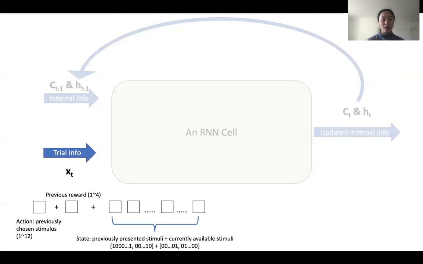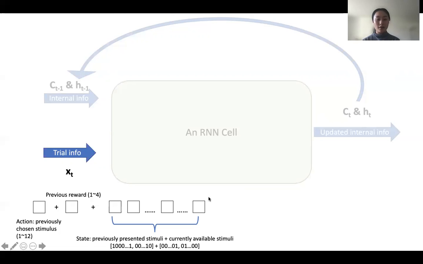And here by action, we mean the previously chosen stimulus. And it also has to learn what the last reward was. The reward we recoded into integers, 1 to 4, which represent a reward in a gain trial, a reward in a loss trial, a loss in a gain trial, and a loss in a loss trial.